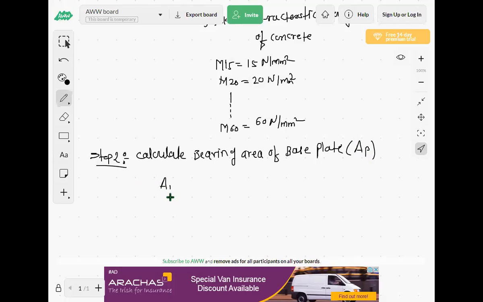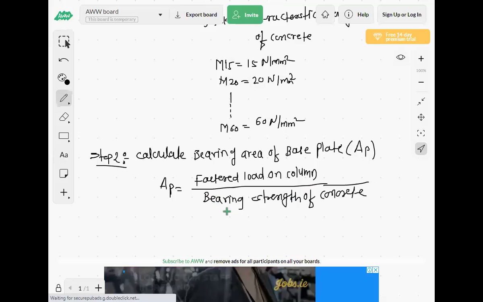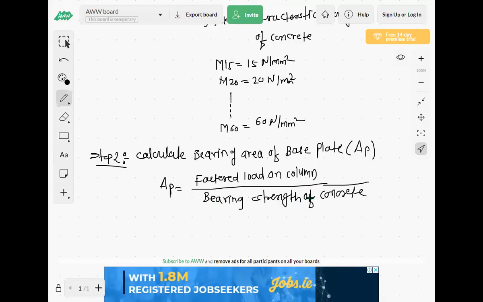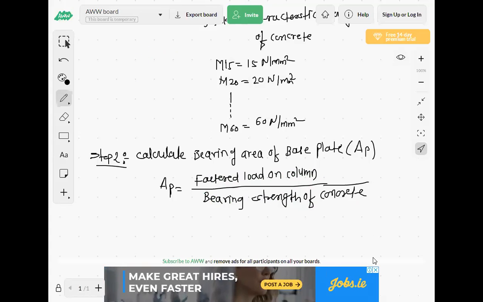So how to calculate this bearing area? Ap, the area of plate, is equal to factored load on column divided by bearing strength of concrete. The bearing strength of concrete we calculated in step 1, and the factored load on the column will be given in the problem statement.